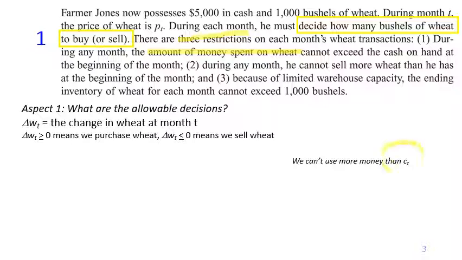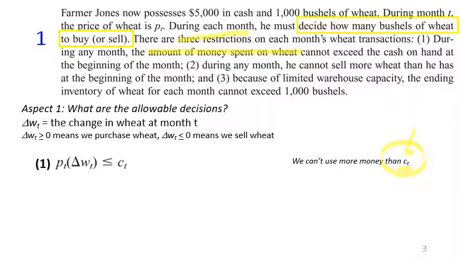So if our money at the beginning of this month is C_t, we can't use more money than C_t. We spend money when we want to buy wheat, right? So let's formulate how much we buy, what the price is, and the relation with the cash.